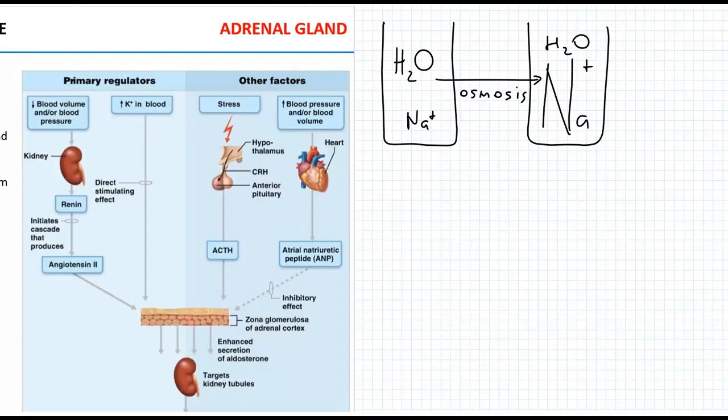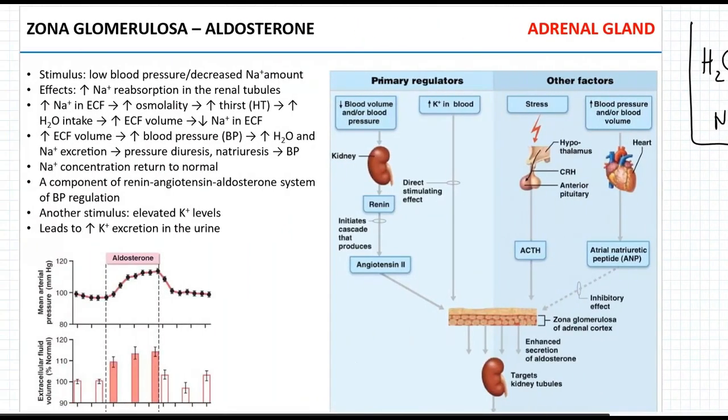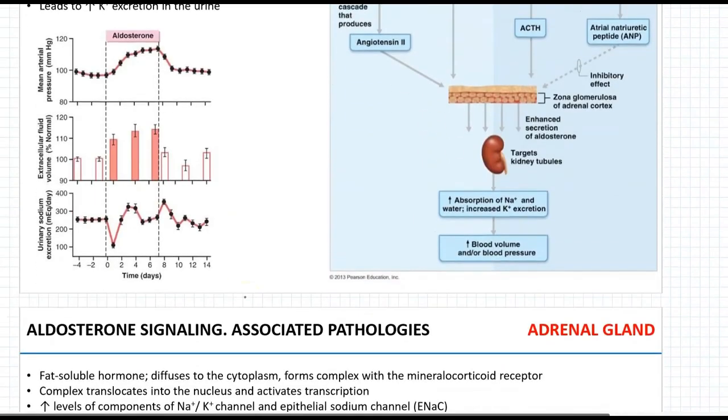Since sodium has such a capacity to draw water to itself, its concentration in your blood doesn't really change. So look at this. I'm running a bit ahead of myself. This is the urinary excretion of sodium. When aldosterone is applied, urinary excretion of sodium goes down.